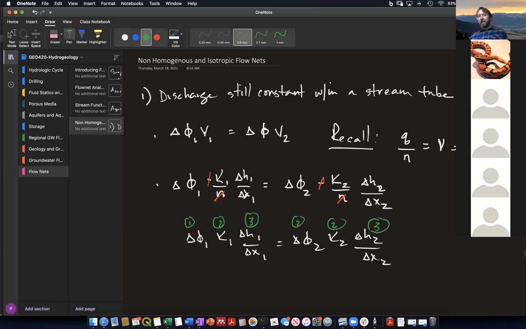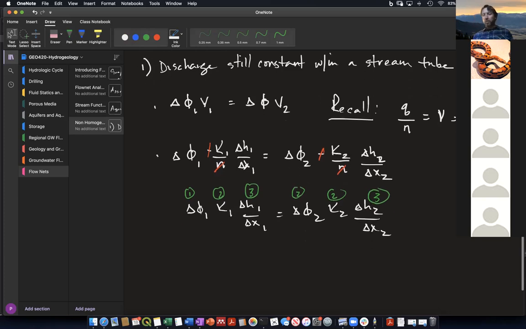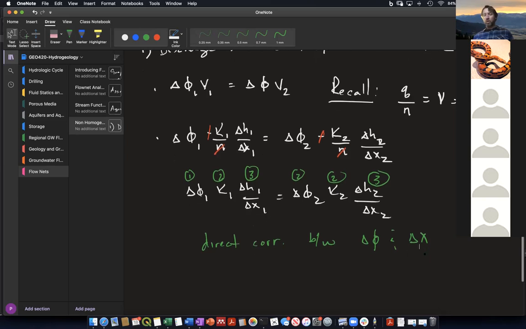So these three things vary, and the direct correlation between delta phi and delta x, these being always squares, doesn't hold. So we no longer have squares in a heterogeneous media. We don't expect them to be squares.